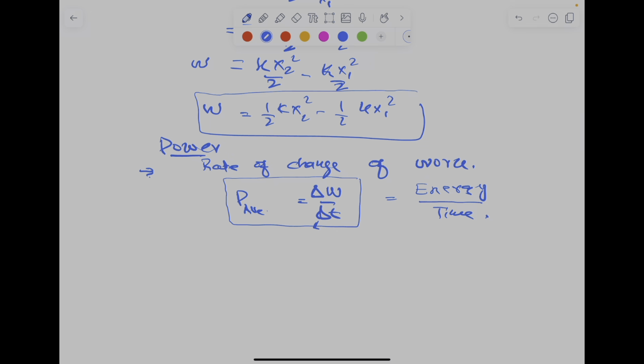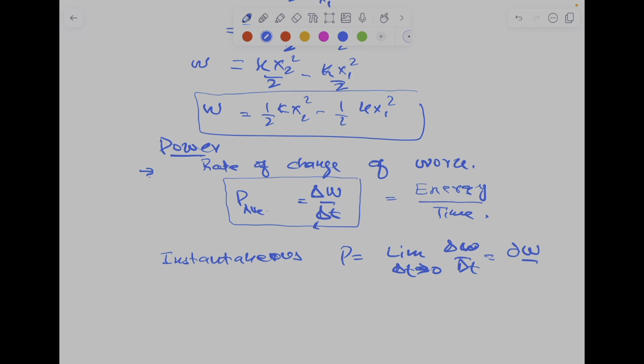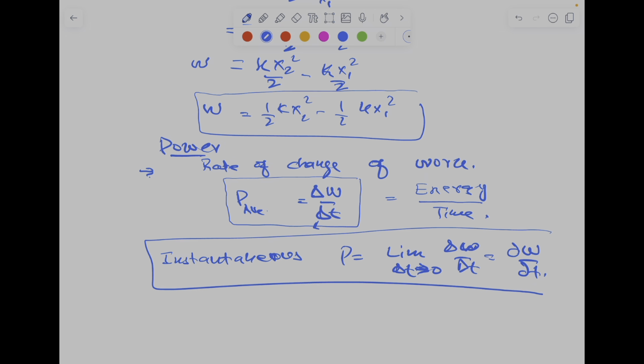And when the interval is so small, it becomes an instantaneous power, meaning power at any instant of time. So P is nothing but the limit as delta t tends to 0, which means the interval is so small, of delta W over delta T, which is nothing but dW divided by dT. So this is your instantaneous power.